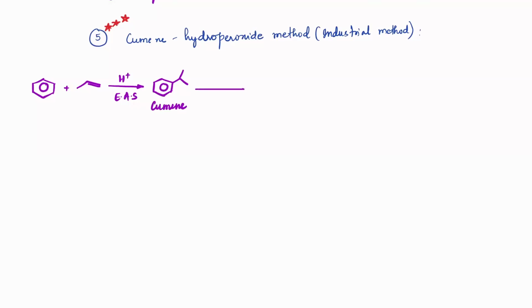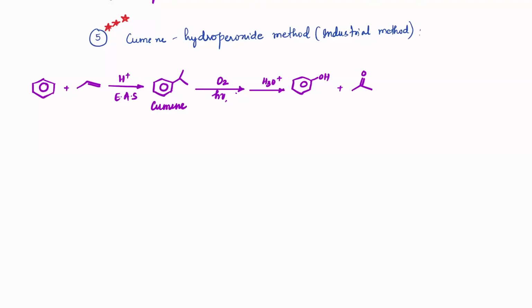And if you take cumene and react it with O2 from air and H nu, got it, followed by H3O plus, we will end up getting the phenolic form, and also a ketone will come along with it. These are the products formed.